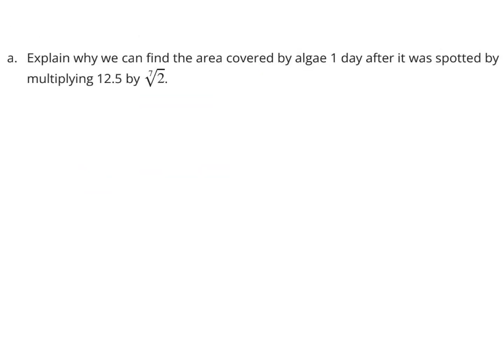Now, explain why we can find the area of algae covered one day after it was spotted. One day is the 7th root of 2. So 12.5 times 2 to the 1/7 power. So what is 1 week? 1 week equals 7 days.